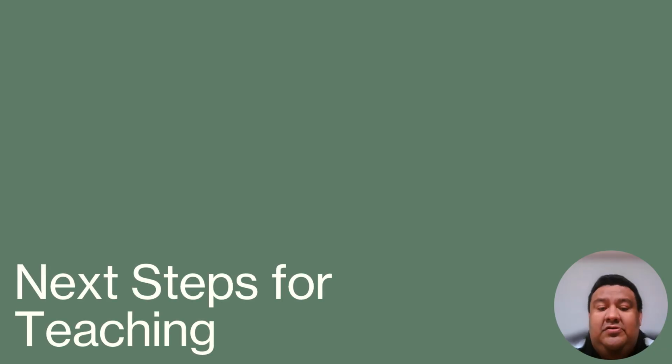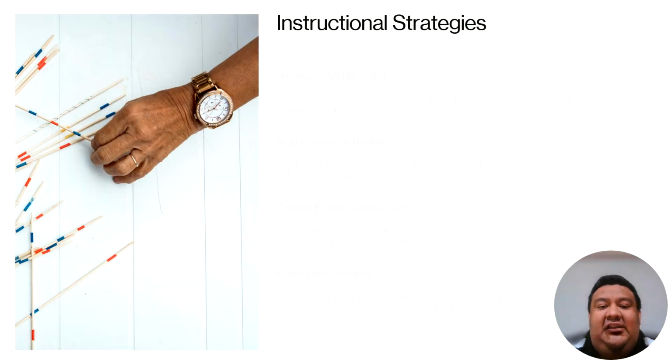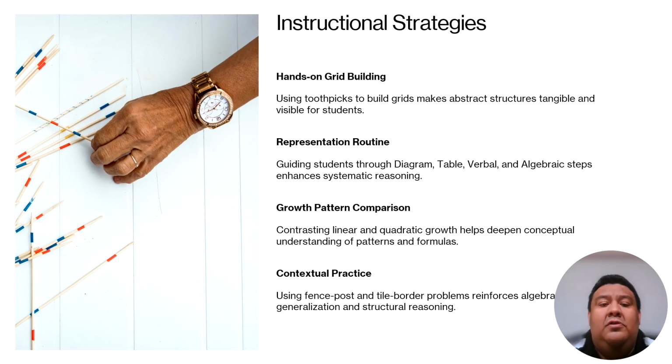So some instructional strategies, in case I were to implement this activity in my classroom, would be to definitely implement hands-on activities using actual toothpicks to build grids, making the structure visible. Multiple representations would be perfect. Diagram, table, verbal, algebraic would guide students through systematic reasoning.